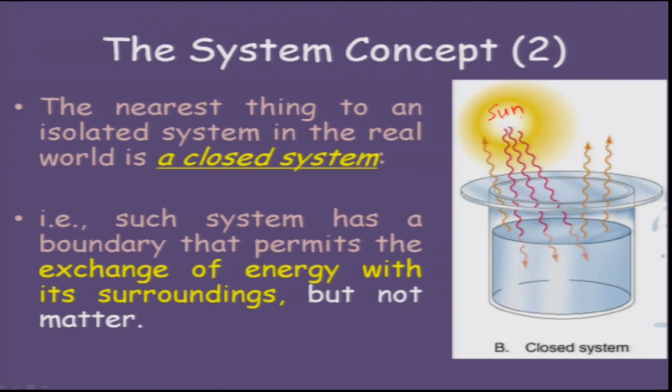We have radiations coming in, and we have radiations which are going out. Okay. So, try to understand. Whether we should call this a closed system or not, we will see ahead. But in short, the closed system is the system which exchanges energy with the surroundings, but not matter.